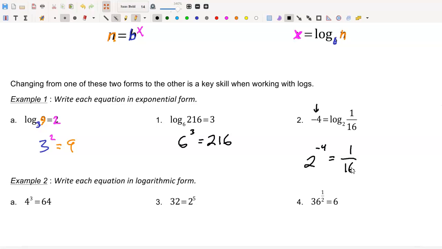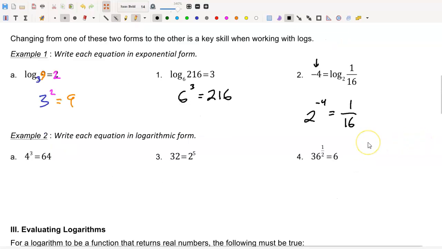And then, of course, we can go the other direction, right? We can take anything in exponential form and rewrite it in logarithmic form. So we'll have log for each one of these. We got our bases, 4, 2, 36.